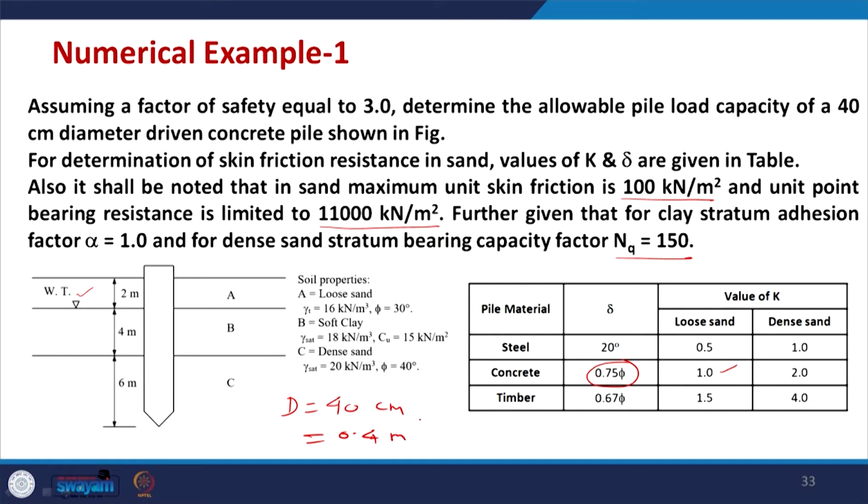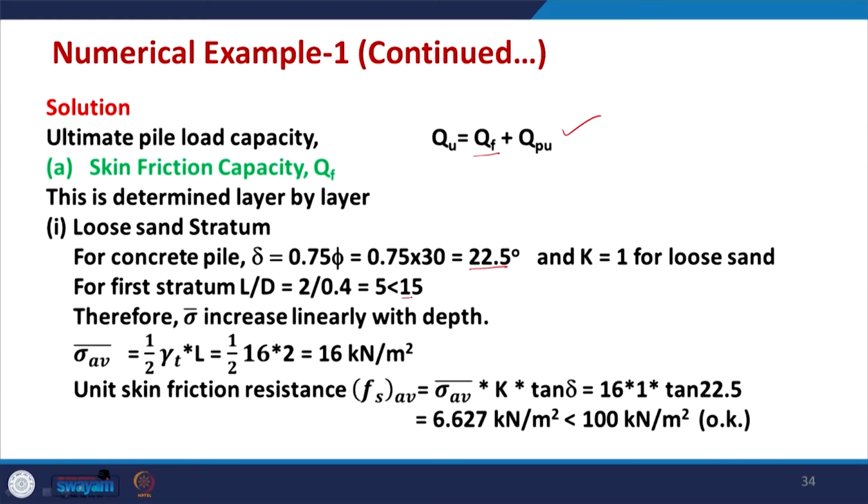So, the L by D ratio for layer A, 2 meters divided by 0.4, gives you 5, and this is less than the critical value, because L by D can go up to 15. Sigma bar increases linearly with depth, so we need the average value of sigma for the first 2 meter layer.